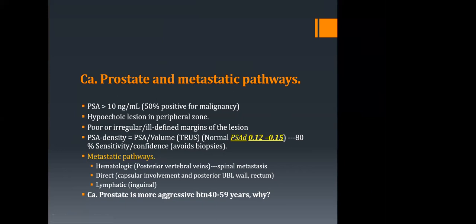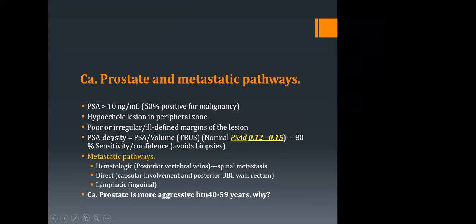But I want to emphasize, much as it has high sensitivity and it gives this confidence to avoid biopsies, always remember we have true negatives and we have true positives. So do not take it for granted that once your PSA density is above the normal value, you are dealing with malignancy. But 80%, you are dealing with CA prostate.